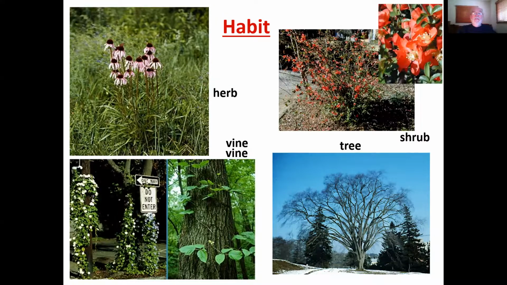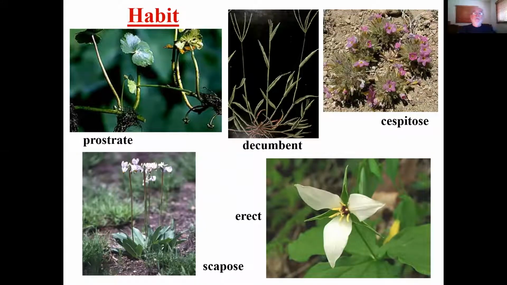Here I included some photographs. You have St. John's wort as a herb. You have both a white morning glory and a wild blackberry as a vine. You have a typical shrub, very common in our gardens, the Japanese quince, Chaenomeles japonica. And then, of course, you have the typical example of a tree with a single trunk.